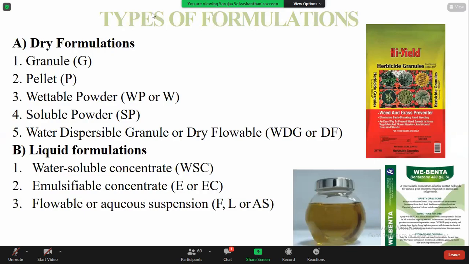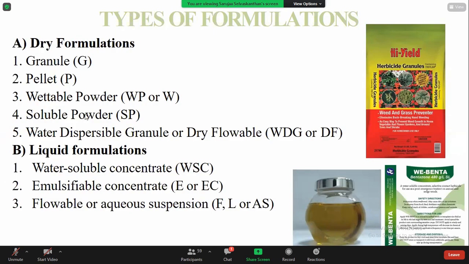Okay, then we will see the types of formulation. There are dry formulations and liquid formulations. Dry formulations, you are already studying these in chemistry also: granular structure, pellet structure, vegetable powder, WP, soluble powder, and WDG powder.